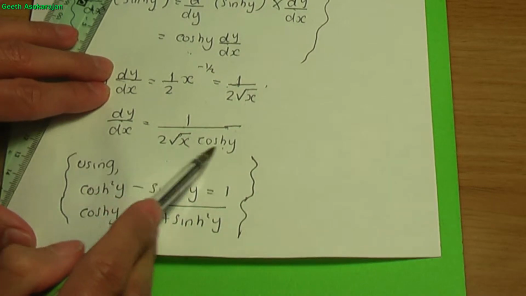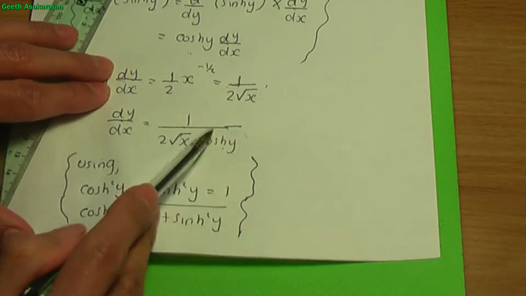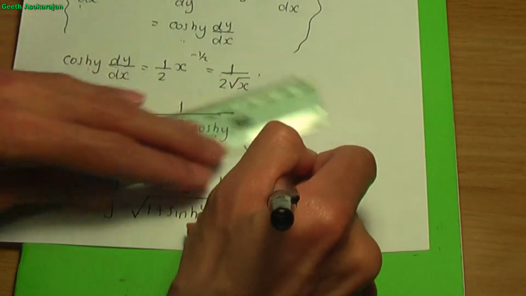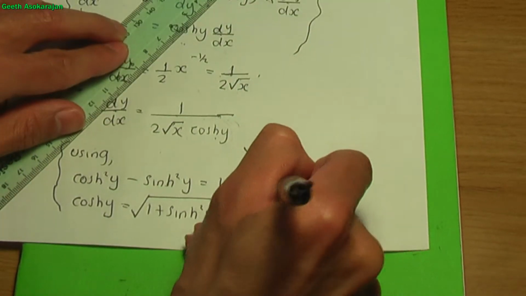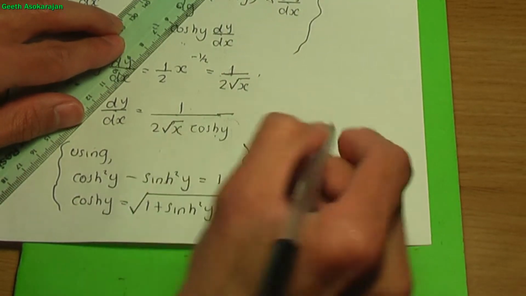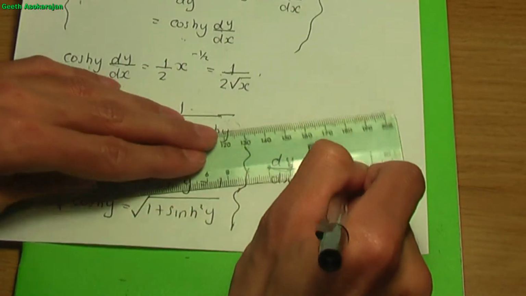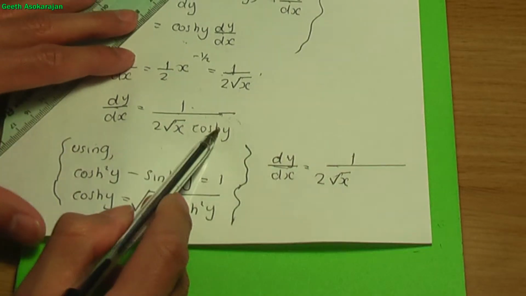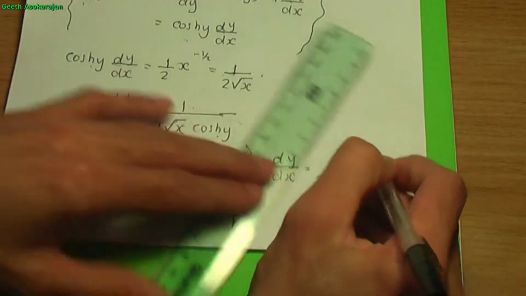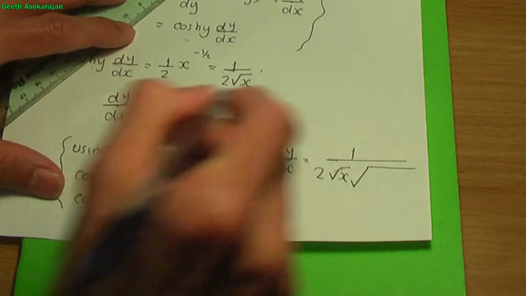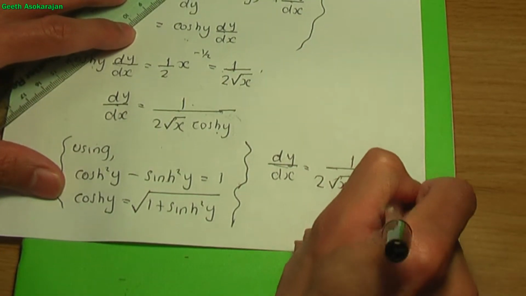So if I replace the hyperbolic cos y term by this, we're going to have that dy over dx is 1 divided by 2 root x, and hyperbolic cos y is the root of 1 plus hyperbolic sine squared.